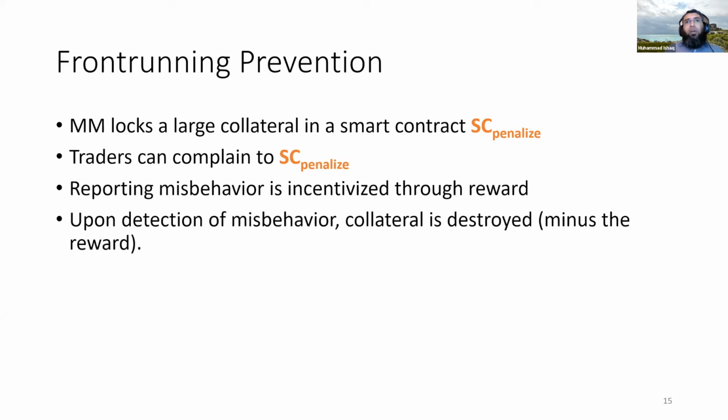And if the smart contract detects misbehavior, collateral is destroyed, of course, minus the reward. Therefore, the rational market maker has no incentive to cheat because he or she does not want to lose the collateral, right?